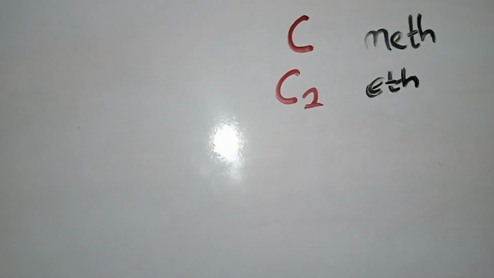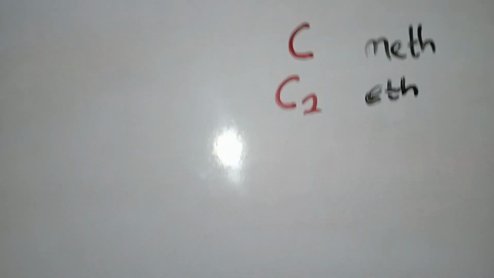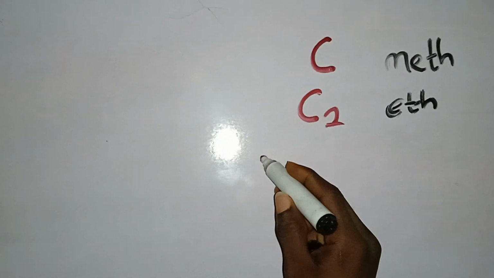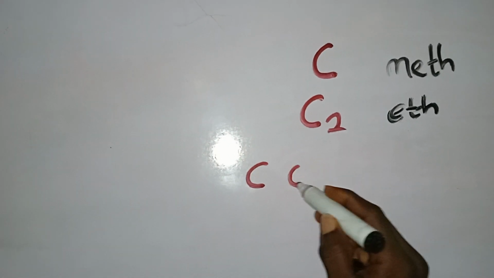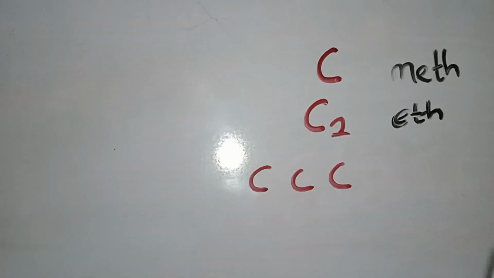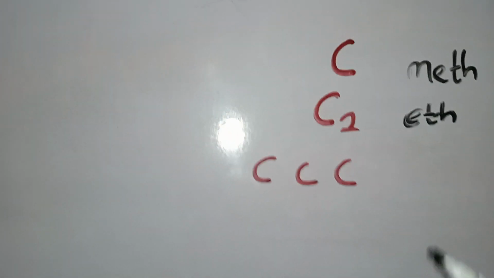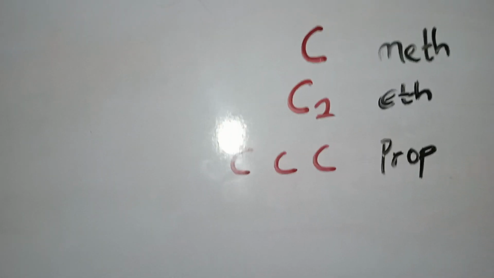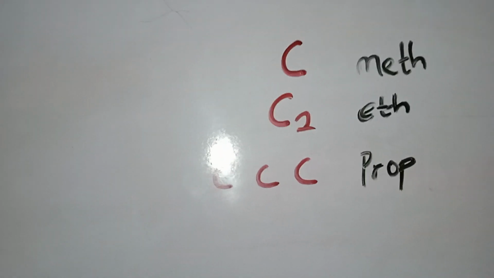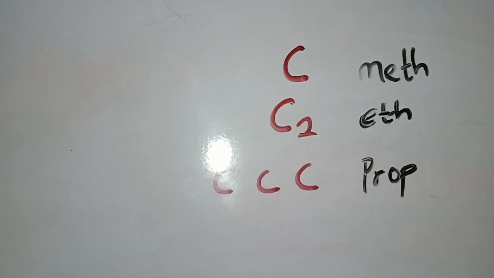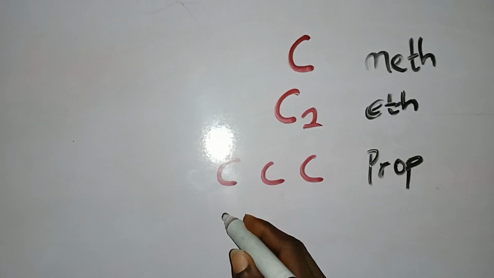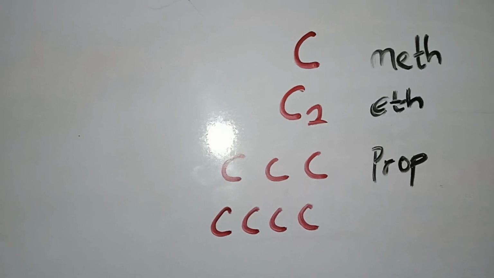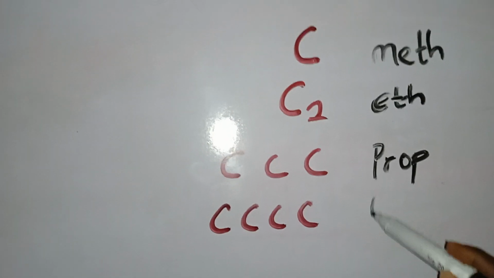Now when it's 3 carbons, for example, this way, this way, this way, this is called prop. Just make sure you know the first 10 names of this carbon. When it's 4 carbons, it is but.